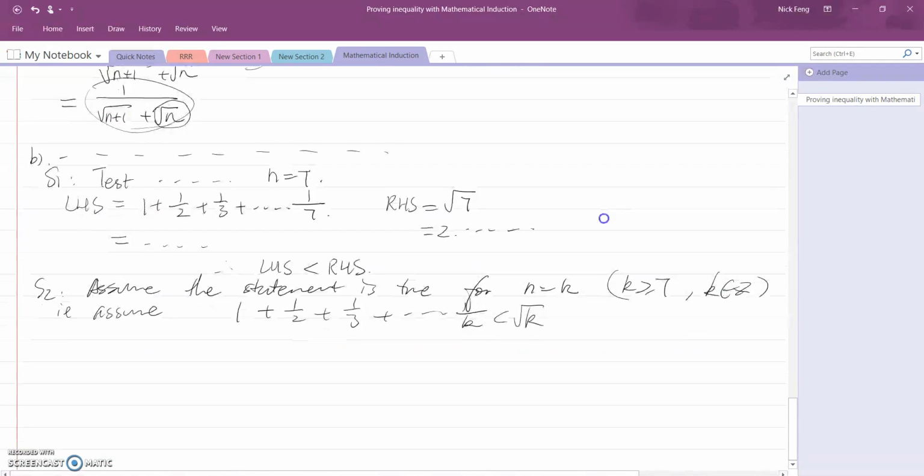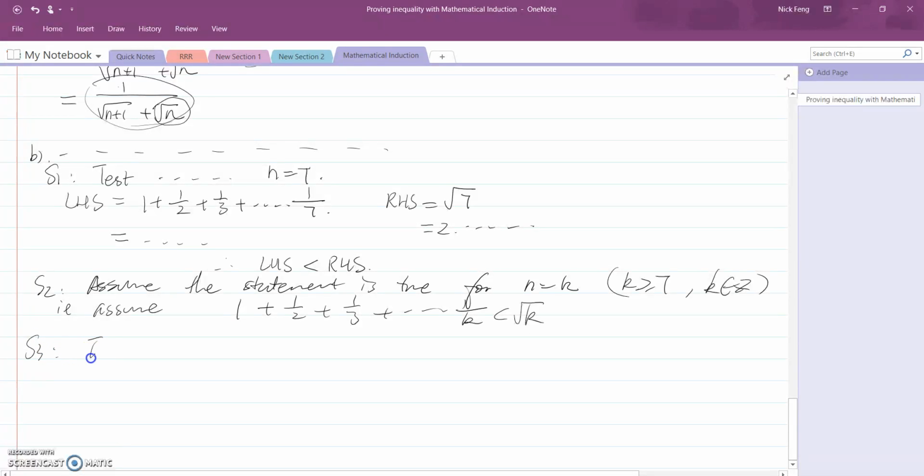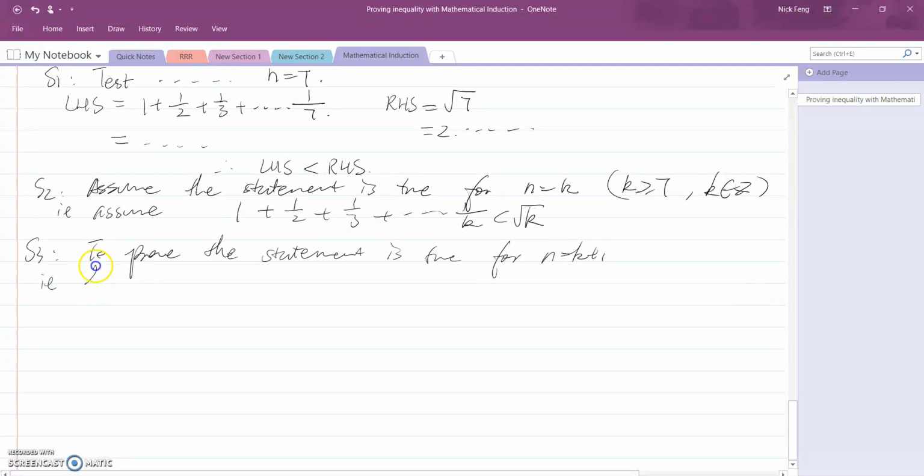Okay, now to prove the statement is true for n equals k plus 1, i.e. to prove 1 plus 1 on 2 plus 1 on 3 plus up to 1 on k plus 1 is less than root of k plus 1.